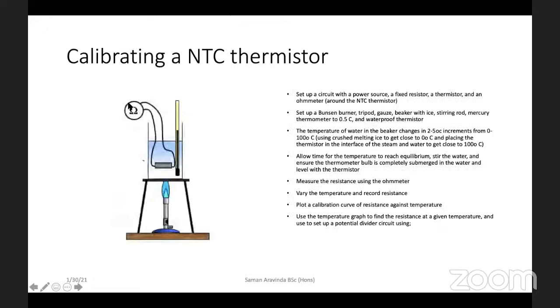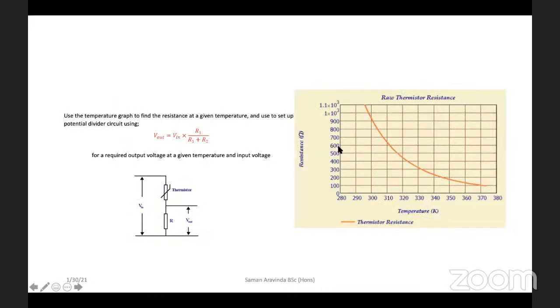Then this is how we calibrate an NTC thermistor. Calibrating an NTC thermistor means the same setup: we measure the resistance at different temperatures, and from that we can give out the temperature. Thermostats like those in air conditioners alter the temperature automatically.